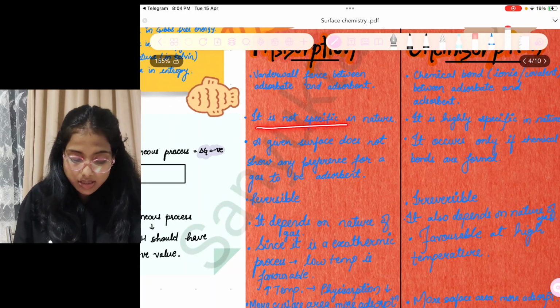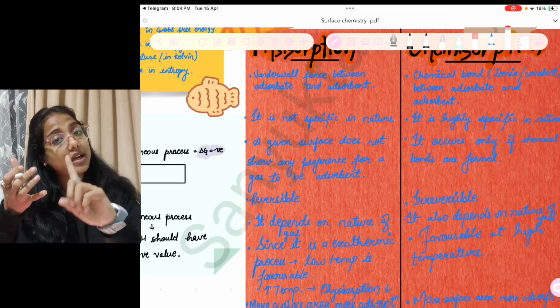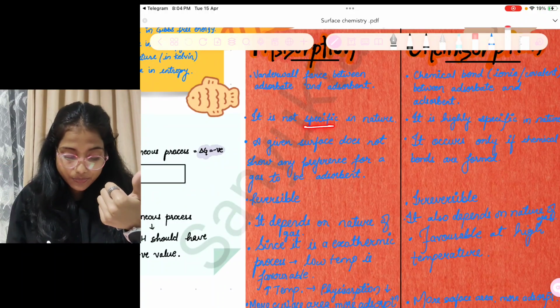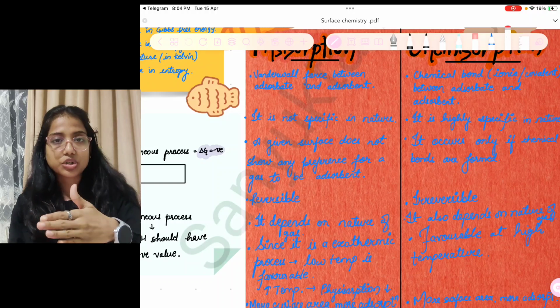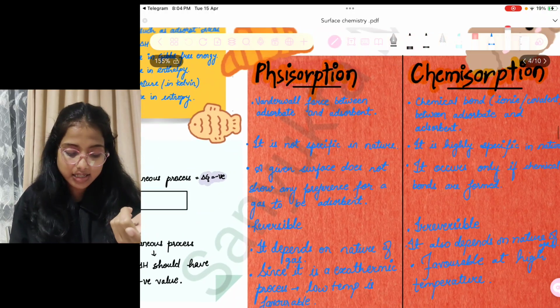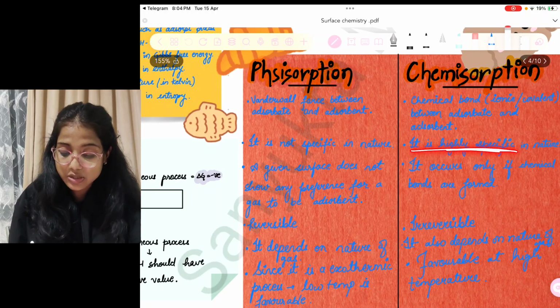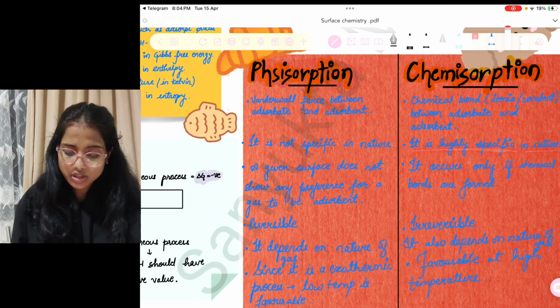Physisorption is not specific in nature. It is not that only nitrogen gas or only oxygen gas will be adsorbed. It is not specific, so any gas can be adsorbed, whereas chemisorption is highly specific in nature.